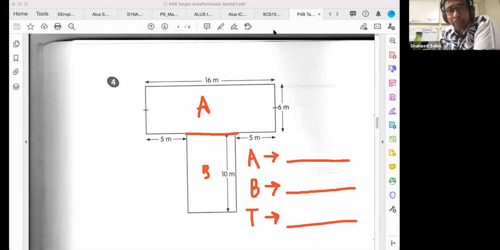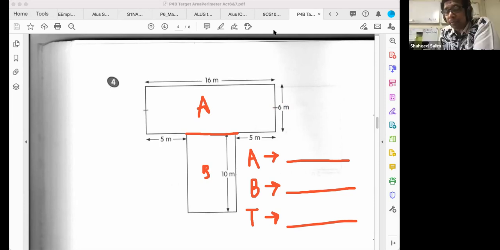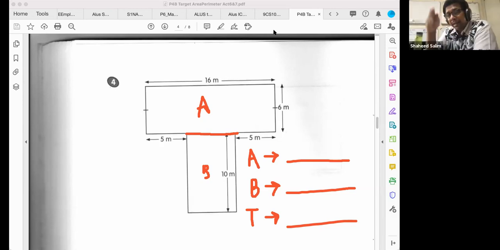In Malay, what do you call breadth? Lebar is the breadth. What is length in Malay? Panjang. Panjang dan lebar. So maybe you change the name.